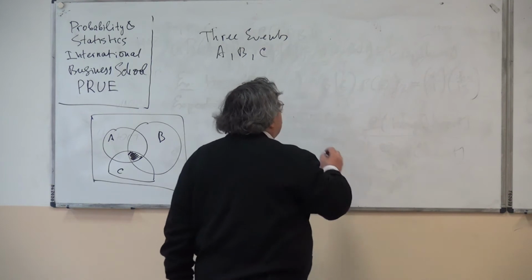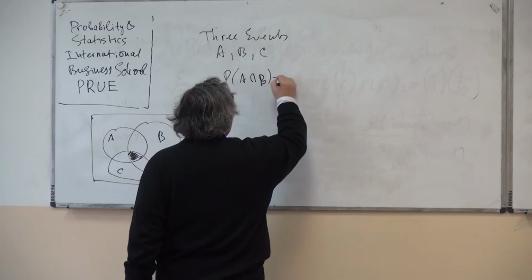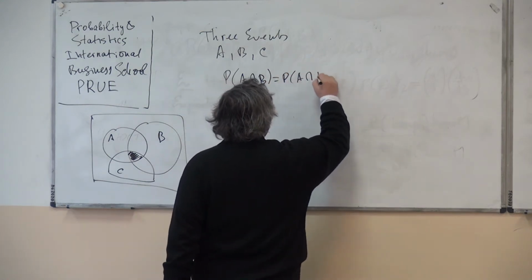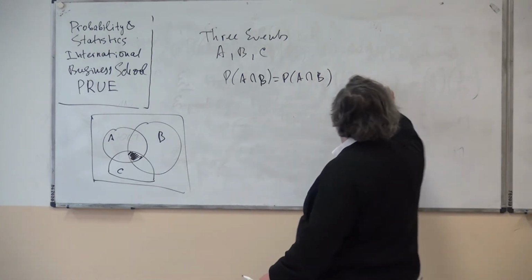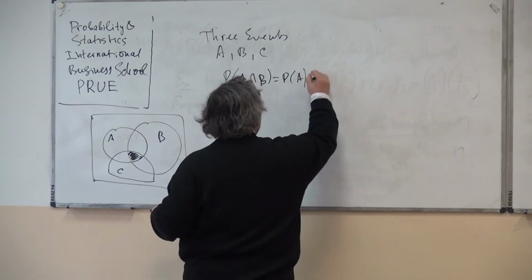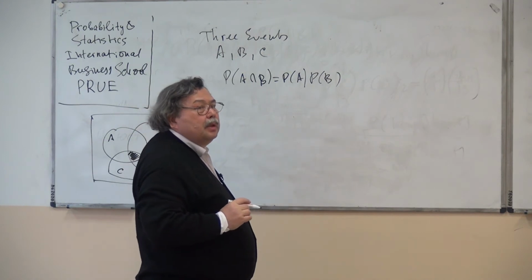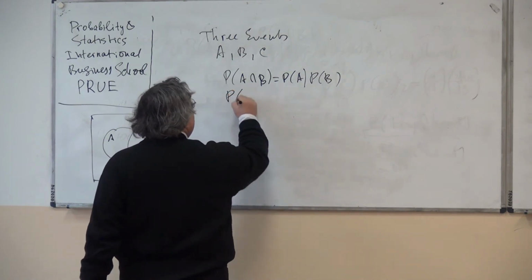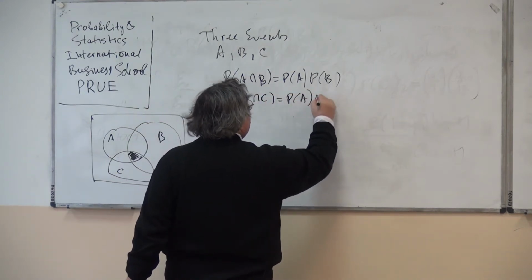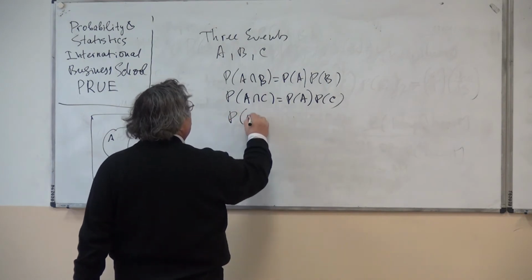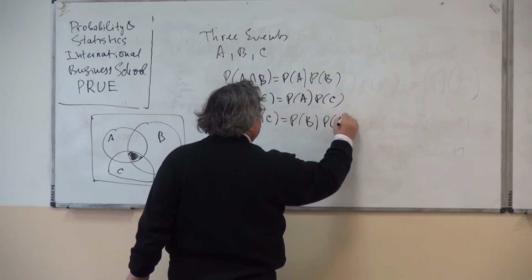Well, of course we expect that the probability of A intersect B is the product of P of A and P of B. We expect that this kind of equation is true for any pair: P of A intersect C equals P of A times P of C, and P of B intersect C equals P of B times P of C.